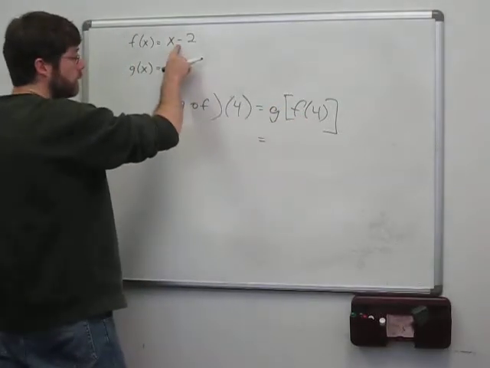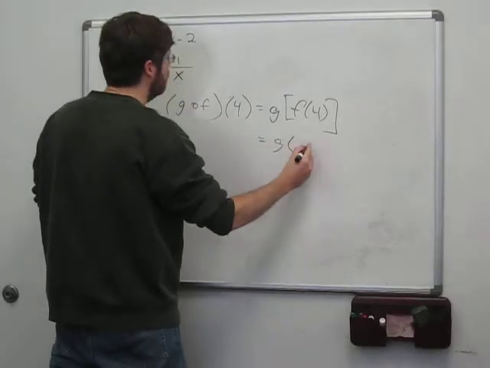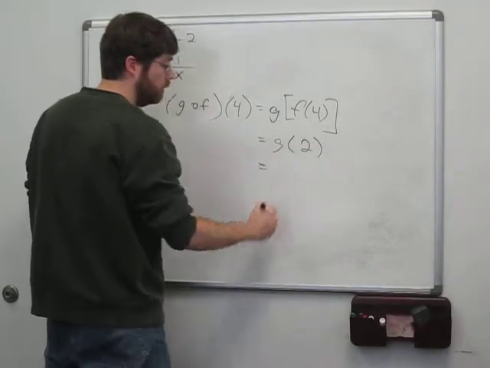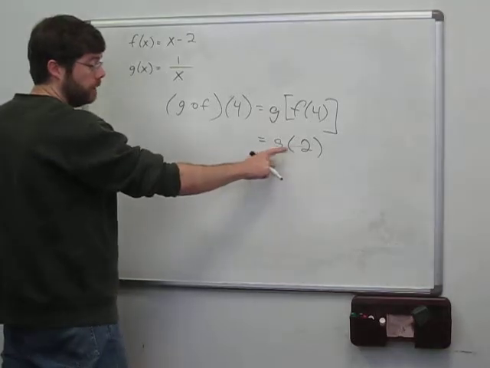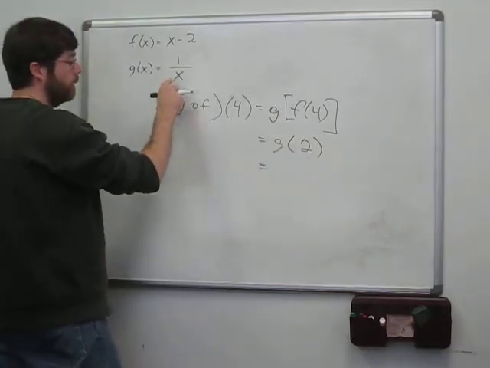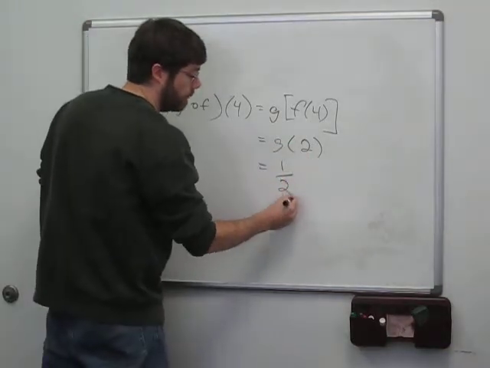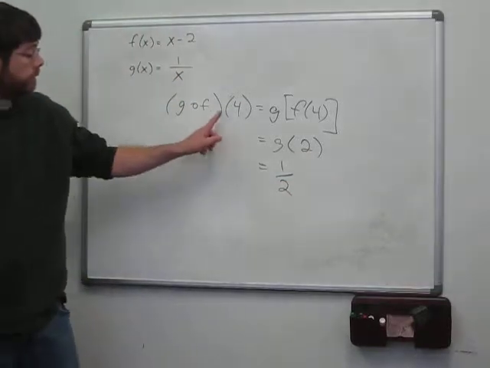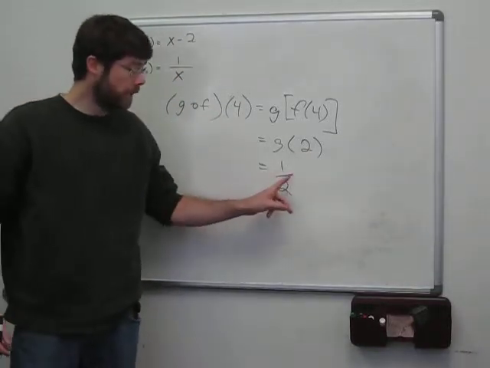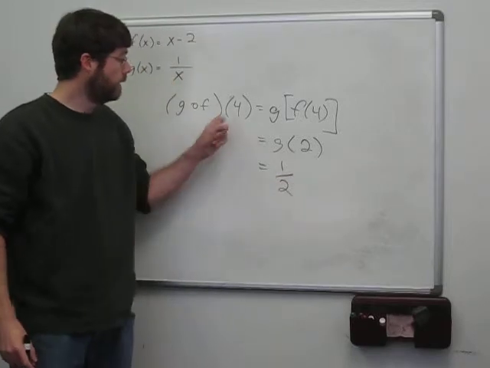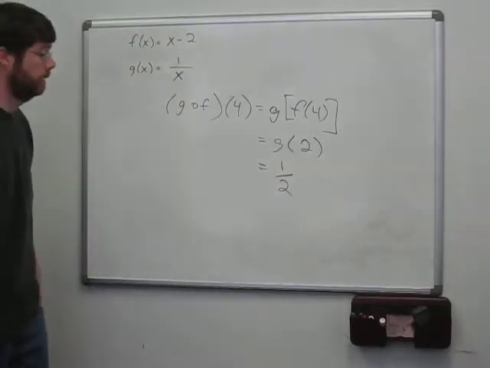Well, f of 4, substitute that in, you get 2. And then to compute g of 2, of course, take 2, put it into your function g, and we get 1/2. So when we put 4 into this function, we get a real number out. And so 4 is in the domain.